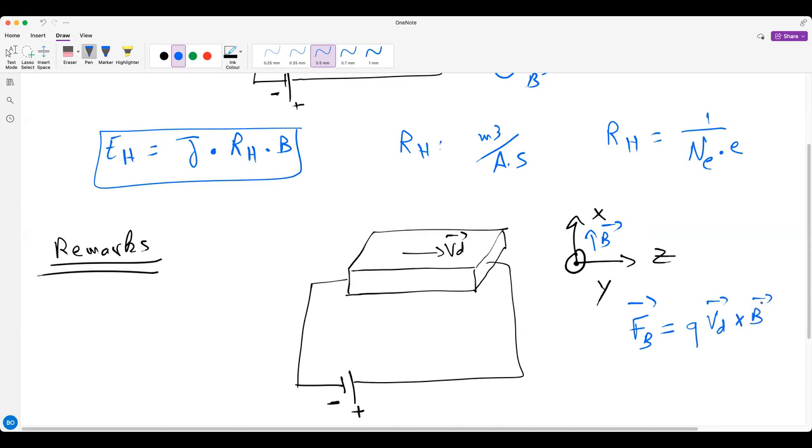Who can tell me in which direction the electrons will go? First, this is phase number 1. This is phase number 2.